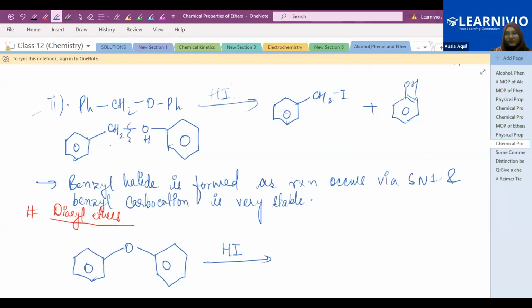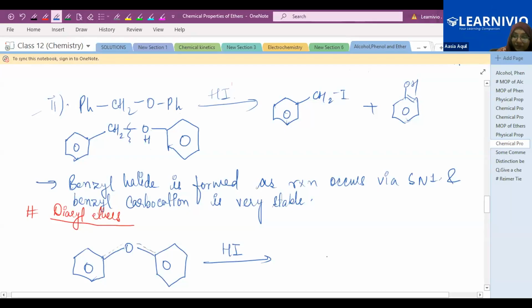We are supposed to cleave the carbon and oxygen bond. Is it possible to cleave this carbon and oxygen bond? No, because both carbons are involved in resonance with this oxygen, so both have partial double bond character.